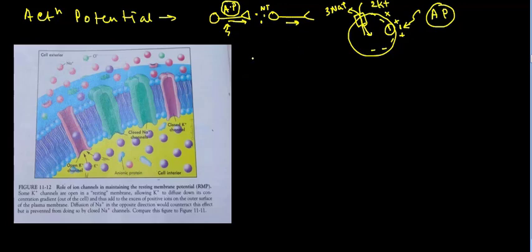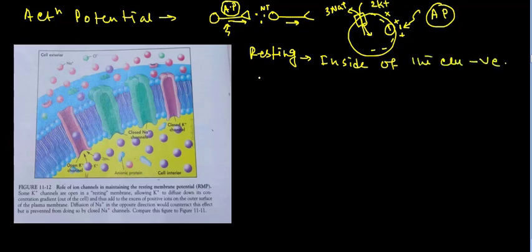In a resting neuron, the inside of the cell is negative, and the amplitude of this negativity is -70 millivolts, which is called the resting membrane potential.